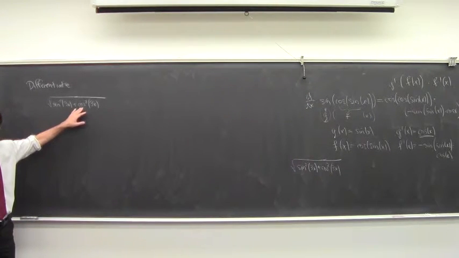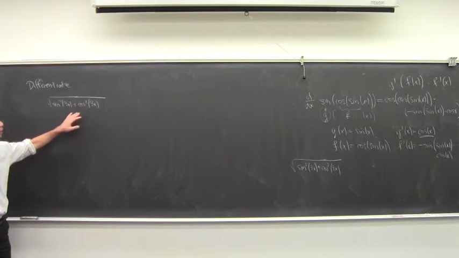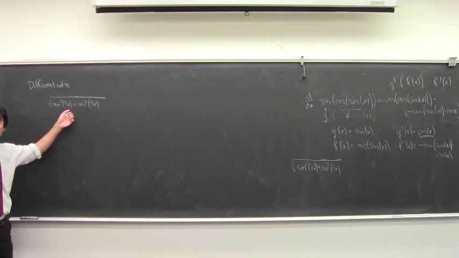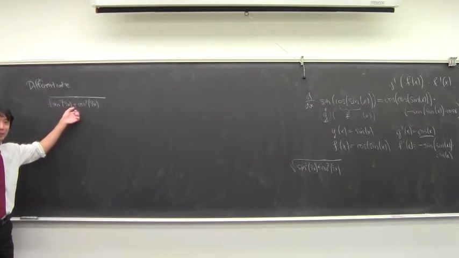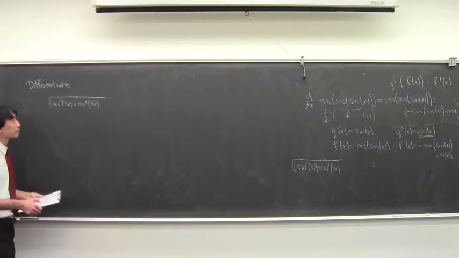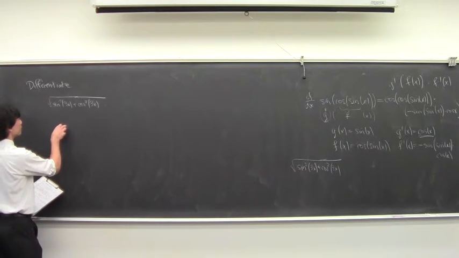But even though it's a trick question, we can still pretend we don't notice it and try to do it using the chain rule. So who would like to do it? Annalise is going to do that. I rewrote the square root function so that it was sine squared 3x plus cosine squared 3x to the power of half.